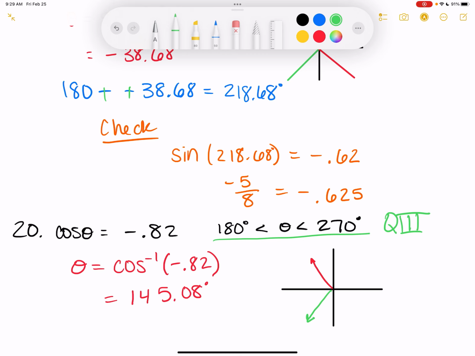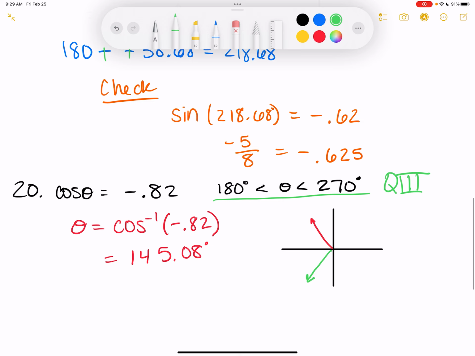What do you get if you add 90? 235.808 degrees. Yeah, that's not right. No, wait, what do you add? You do like 360 minus 145.08.